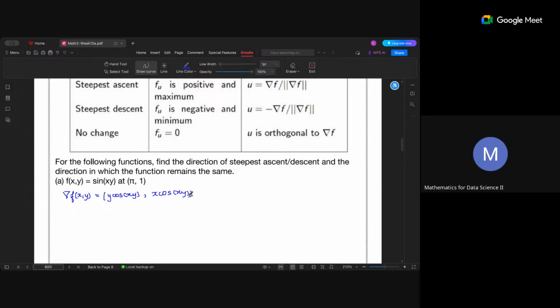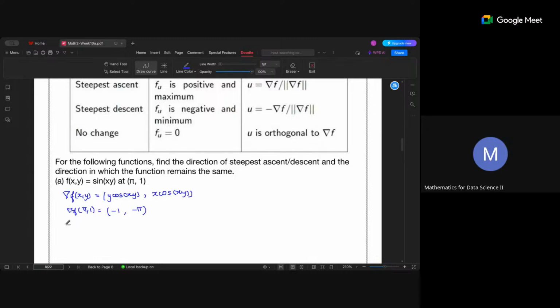Right? Now, what is del f at (pi, 1)? Just substitute x as pi and y as 1. So here y is 1, so you get minus 1 for x, and minus pi. Correct?